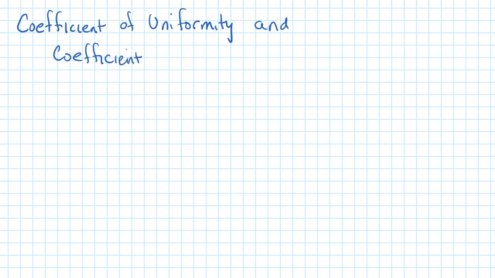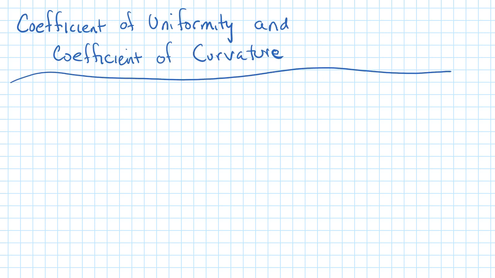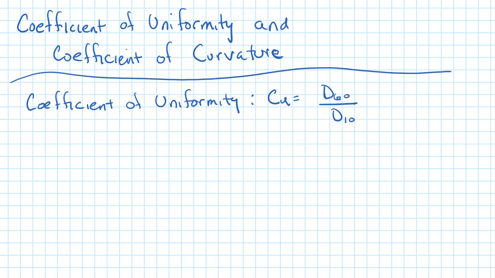I will go over how we calculate the coefficient of uniformity and the coefficient of curvature. These are values that are used in addition to visually inspecting the grain size distribution to determine whether a soil is well or poorly graded. The coefficient of uniformity is calculated as the ratio of the grain size where 60% is finer by mass divided by the grain size where 10% is finer by mass.